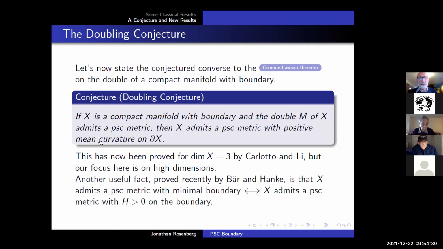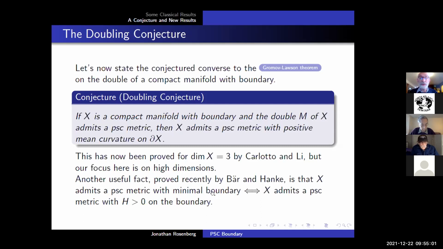There's another useful fact, which is worth pointing out, which was proved by Bär and Hanke. I'm always going to use X for a manifold with boundary and M for the double, just to have a sort of notational consistency. So X has a positive scalar curvature metric with minimal boundary if and only if it has a positive scalar curvature metric with positive mean curvature on the boundary.